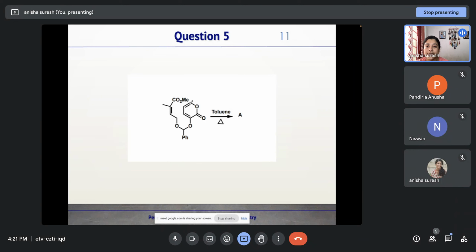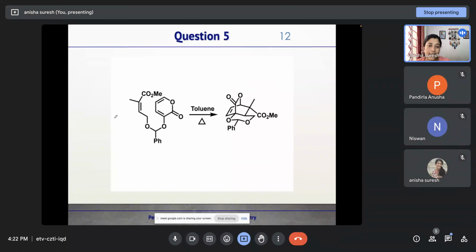We can clearly see here there is a diene and this is the dienophile. So under thermal condition, this diene and the dienophile will undergo a 4 plus 2 cycloaddition, a Diels-Alder reaction, and we will get a product A. So we have to predict the correct regiochemistry and stereochemistry of this product A.